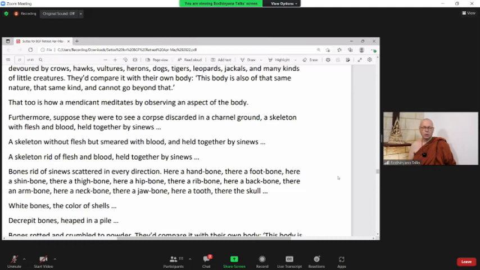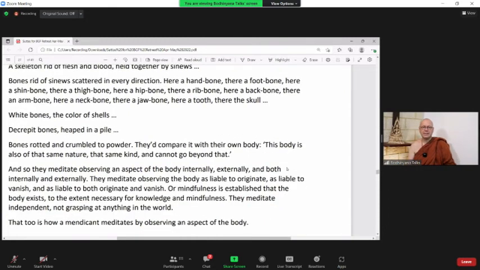And then white bones, the color of shells. Yeah, when you see old bones, you know what they look like. Decrepit bones heaped in a pile, bones rotted and crumbled to powder. In that way, they would compare their own body to that. This body is also of that same nature, the same kind, and has not gone beyond that state.